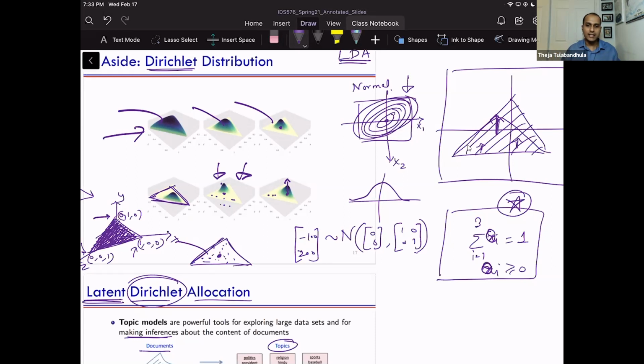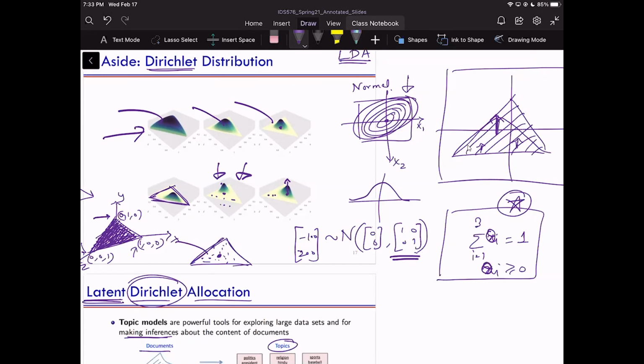Alpha just controls that. For a normal distribution, if the covariance is very high, it'll look like a certain distribution, and if the covariance has some large numbers, it'll look a little bit different. It'll become flat or very pointy. So alpha just controls how the distribution looks. Okay, got it. Thank you.